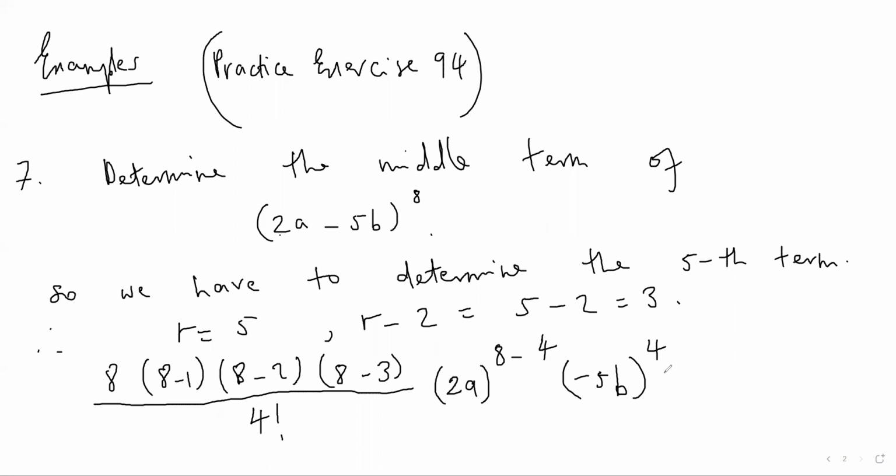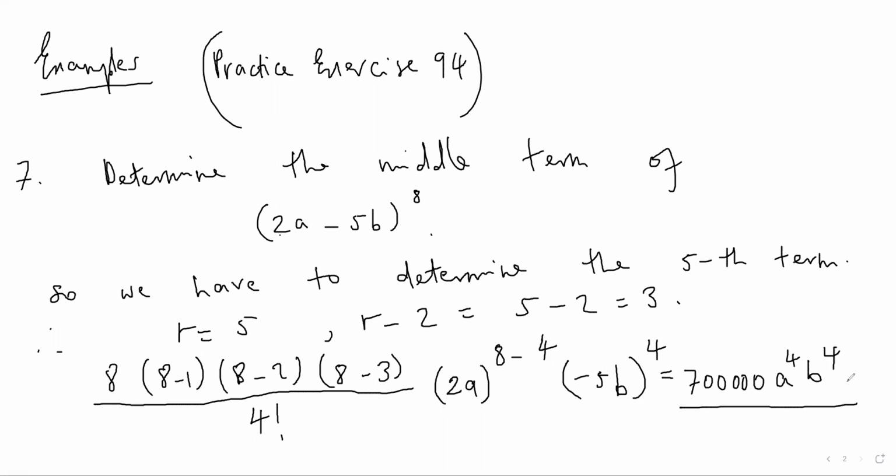Just work it out in your calculator. You see, it's going to give you 700,000, multiplied by a to the power 4 multiplied by b to the power 4. So that's the answer we get here.